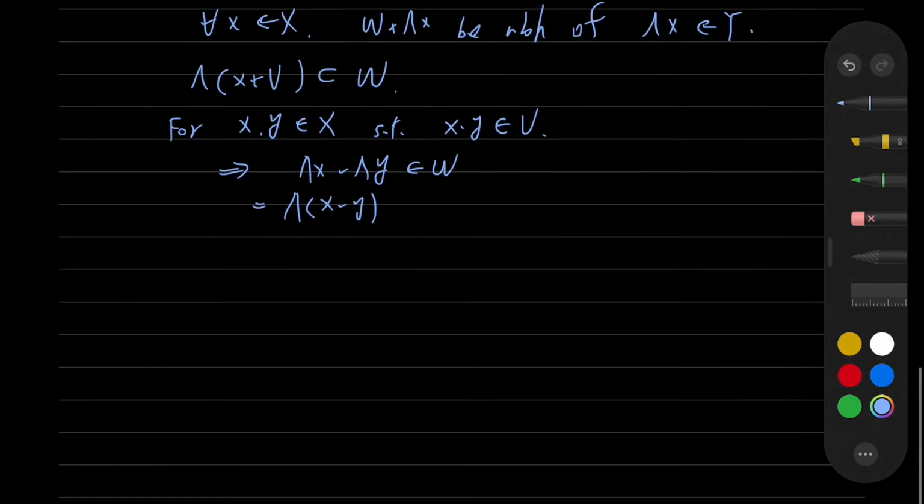Next, we can prove some equivalent properties of continuity. So this is theorem 1.18.